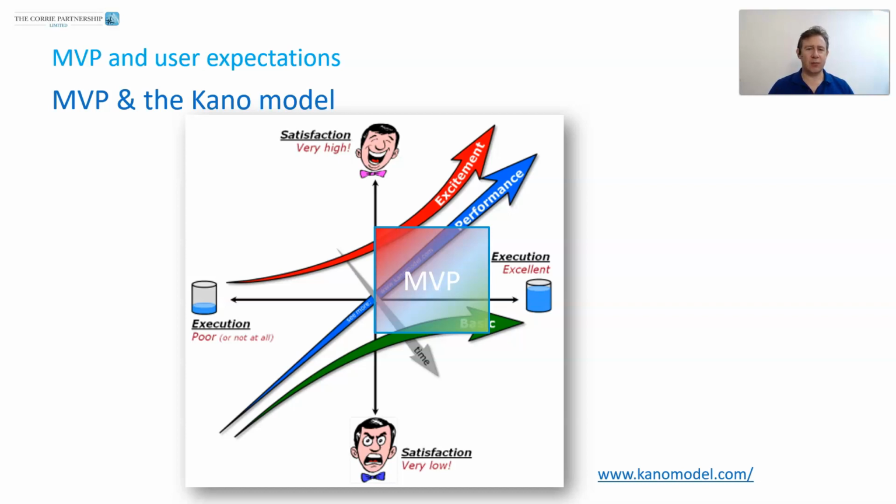And it should sit somewhere there. So there should be enough value in what we've delivered to be able to satisfy a customer to a large extent. But the more satisfied they are, the better. The more satisfied they are, the earlier we can stop evolving the product, stop developing it. But we just need to be aware of the differences between the two.